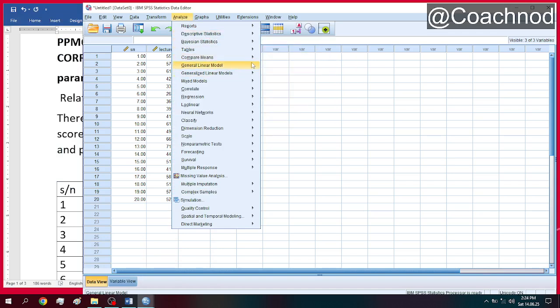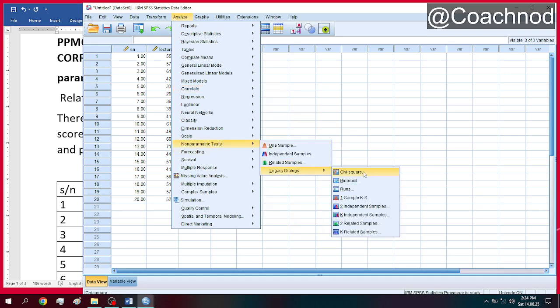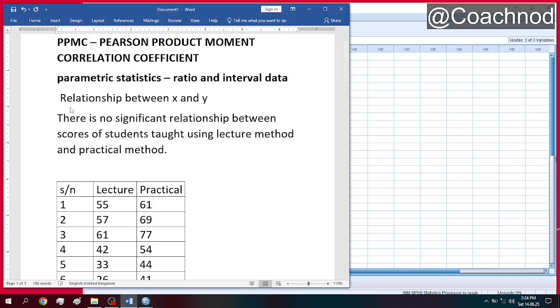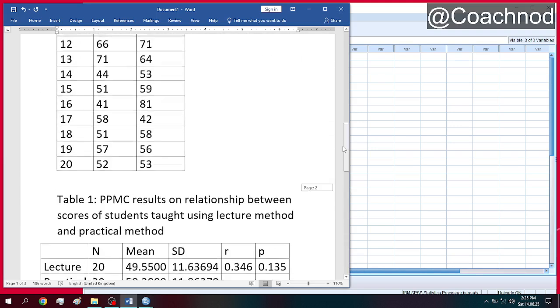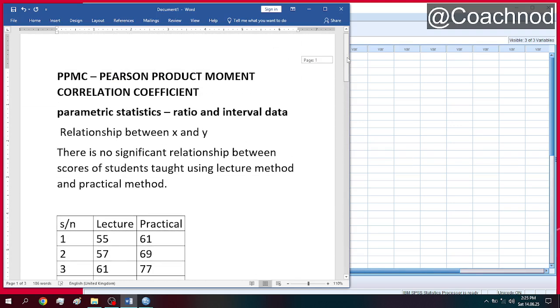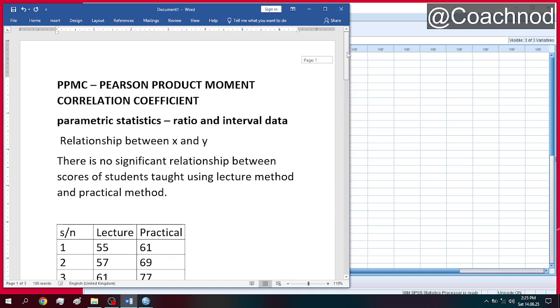We talk about ANOVA. We've talked about PPMC now. Talk about chi-square. Yes, chi-square. Talk about it too. And again, we talk about the rule of thumb. Don't forget the rule of thumb. Please always go back to the video. It's well explained.